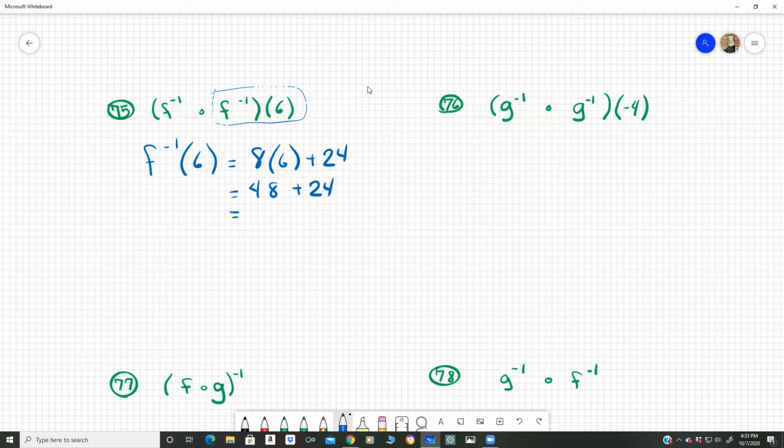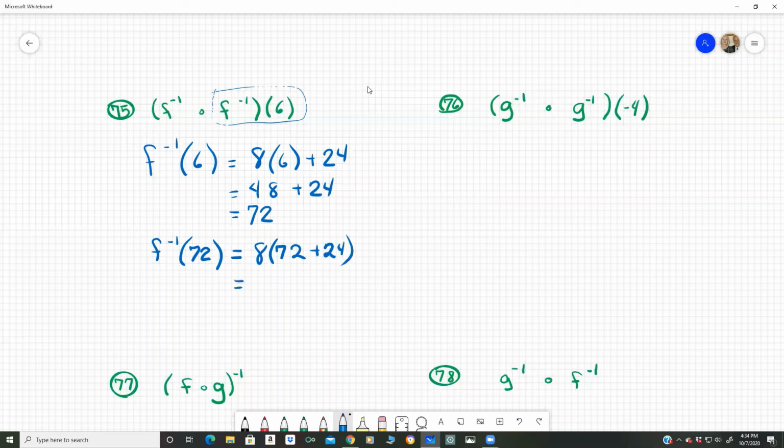But wait, there's more. So that is only this part here. We are going back to our inverse f function, and we're going to find 72. So we're back at the same function. And when we compute, we're going to get 600.